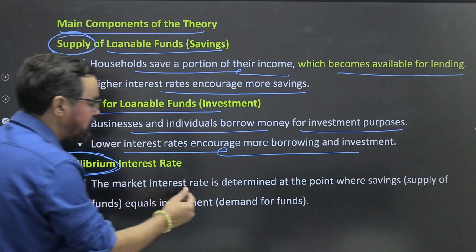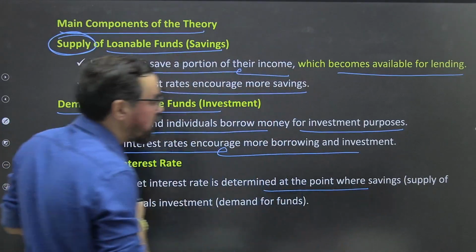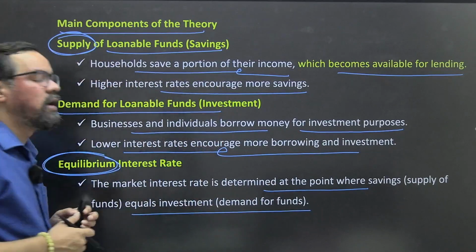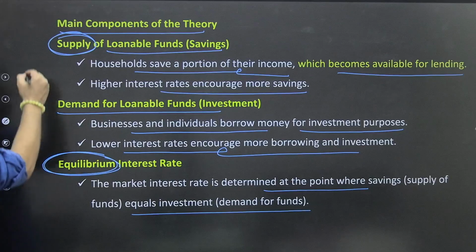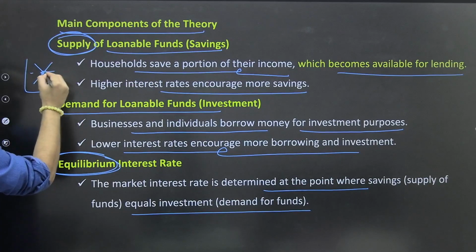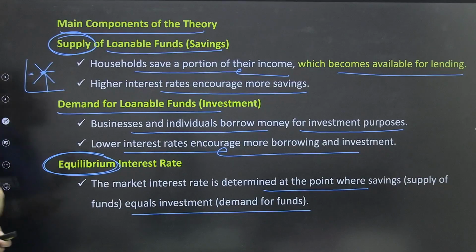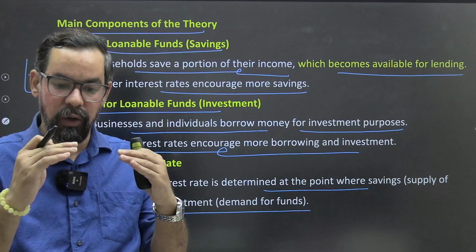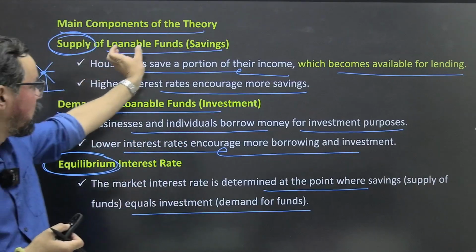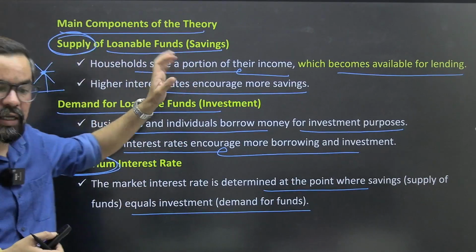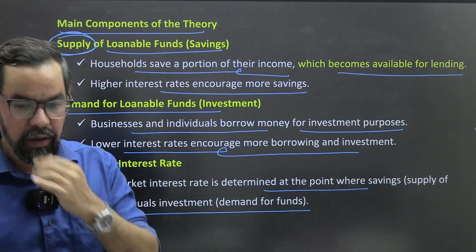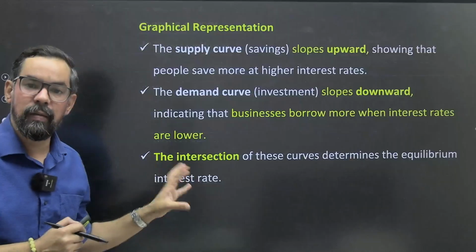So the market interest rate is determined at the point where savings, meaning supply of funds, equal investments, which is the demand for funds. So it is the point where they cross each other. This is our equilibrium point, where borrowers are ready to borrow at that particular interest rate, and savers supply what is generally known as loanable funds. They are ready to save or invest their money in the market itself. That is what generally comes under this particular topic.